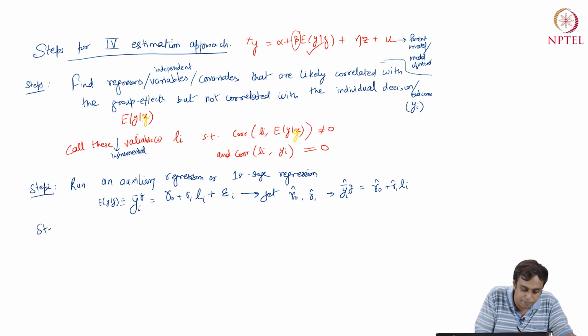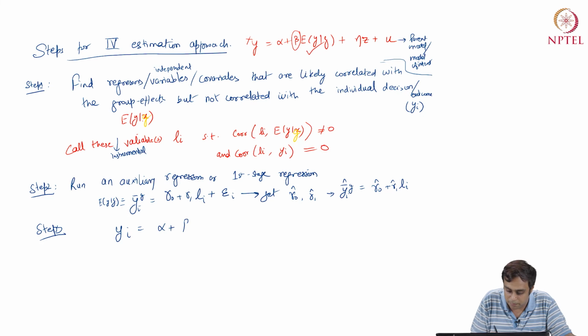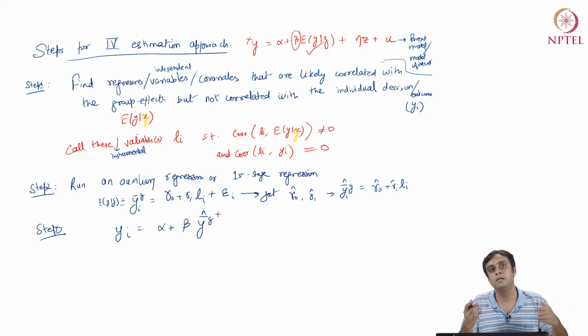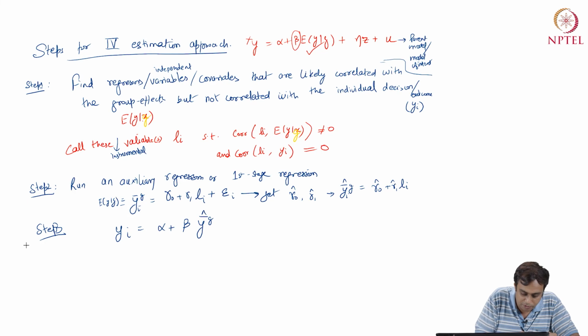And then in step 3, we run this parent regression y_i equals alpha plus beta, and we replace y bar g with y bar hat g. That is the predicted value in the first stage regression.